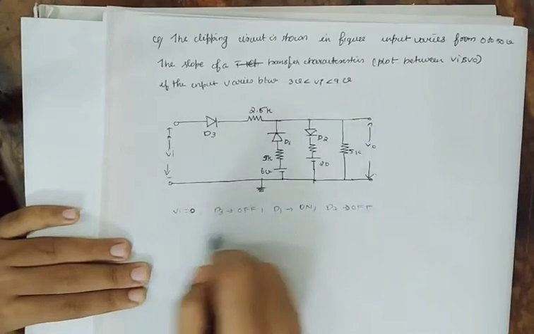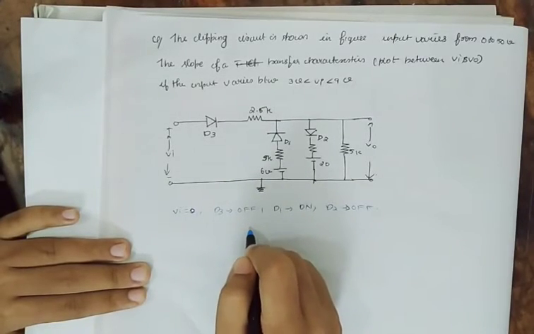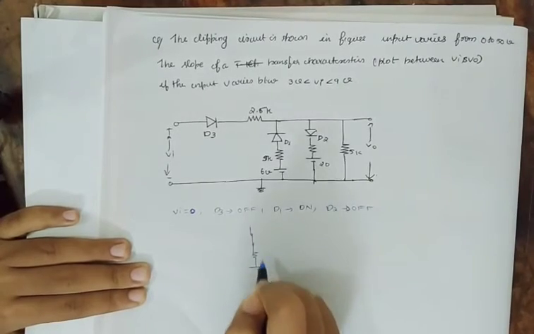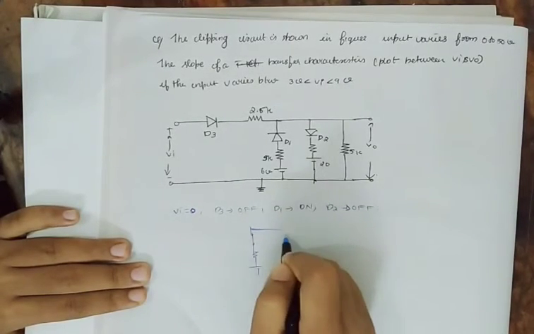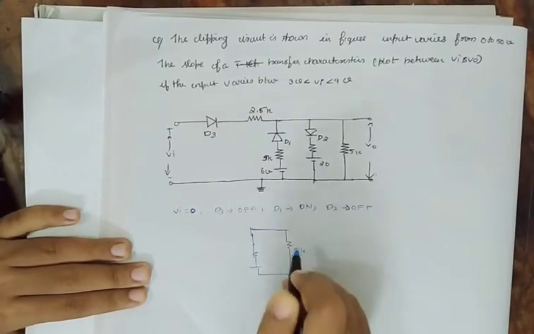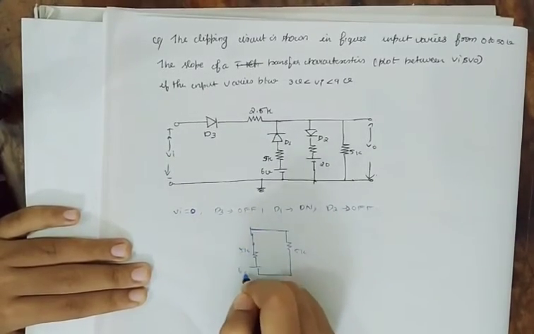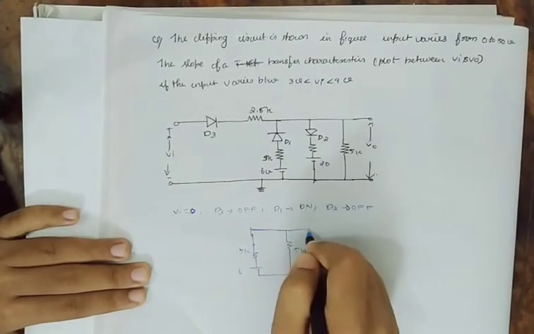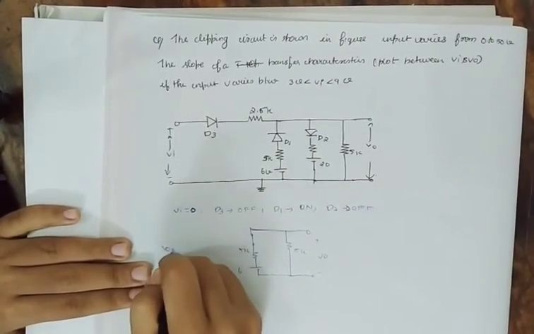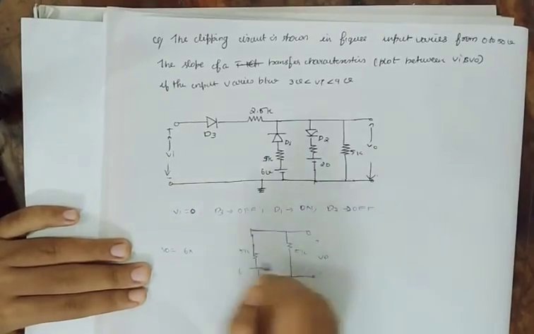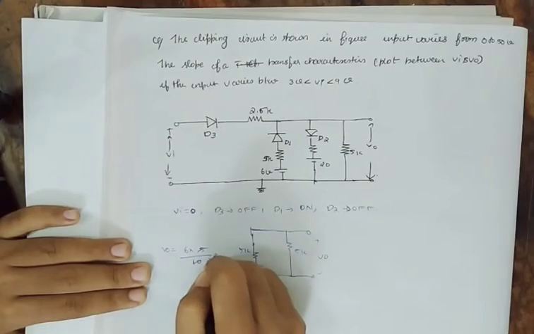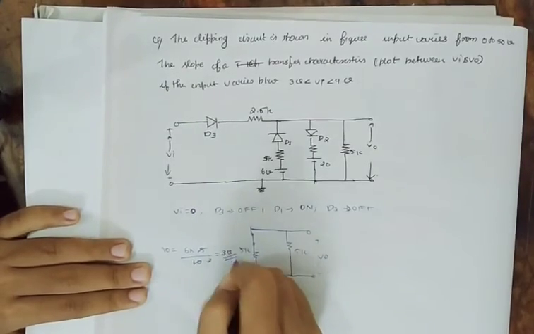Okay, at that time I will redraw the circuit and it will look like this. 5K, 5K and 6 volt. So this was our V0. So V0 equal to 6 into 5 divided by 10, which is equal to 3 volt.